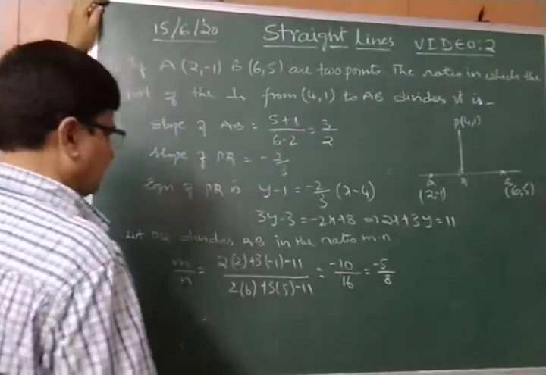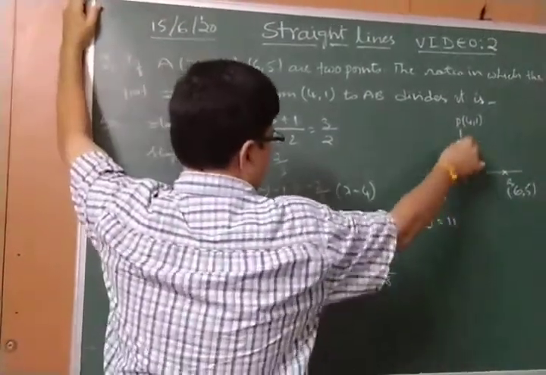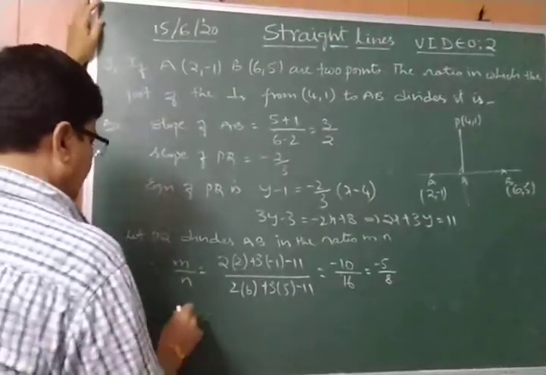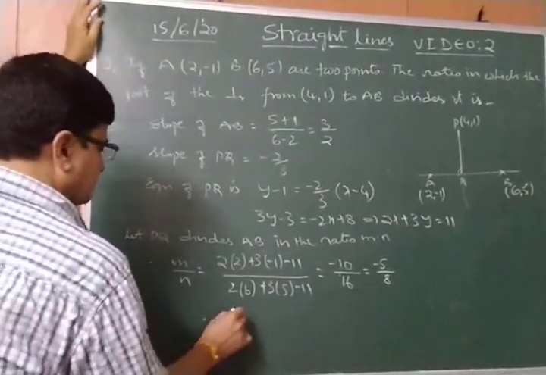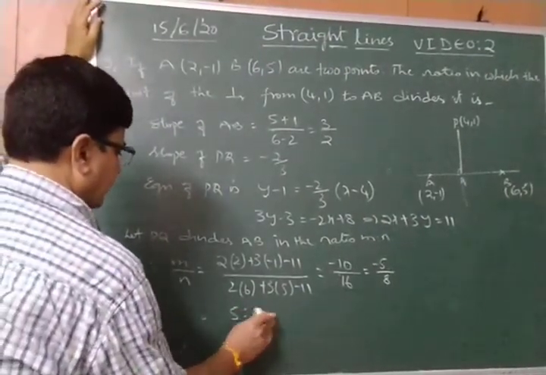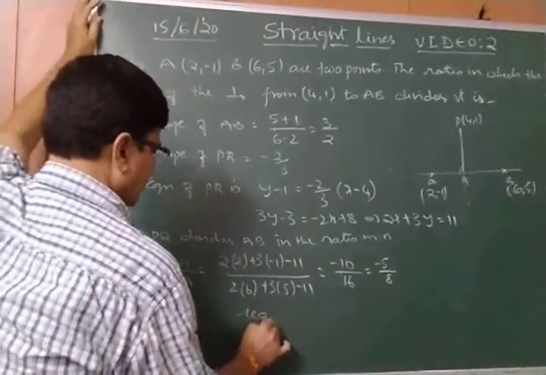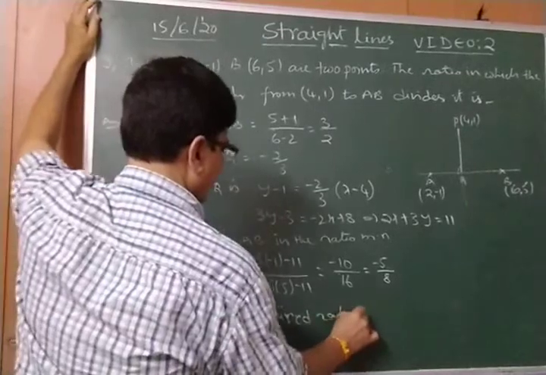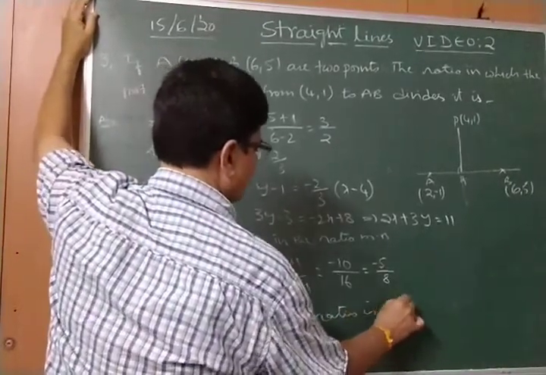Minus 5 by 8 means the two points lie on either side of the line PQ. So the ratio is 5:8. Required ratio is 5:8.